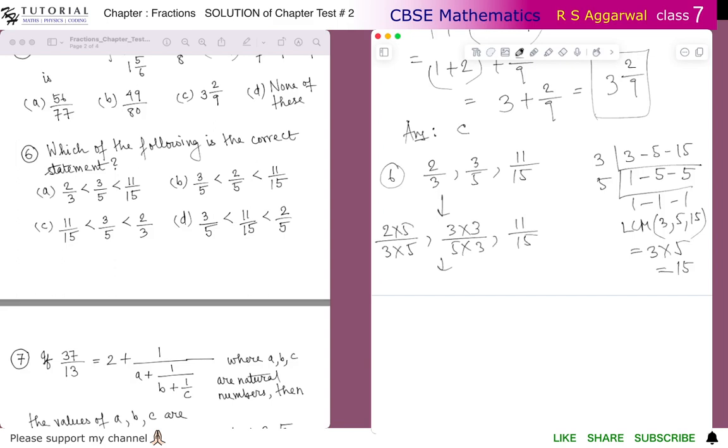So this becomes 10 upon 15, 9 upon 15 and 11 upon 15. Since all the choices have arranged the given fractions in ascending order, we can arrange the converted like fractions in ascending order.